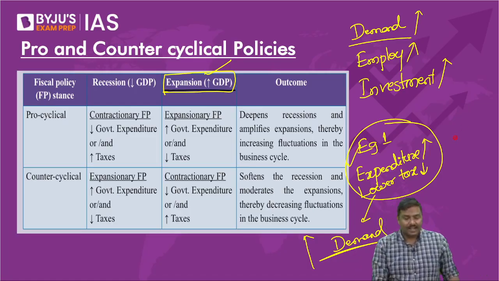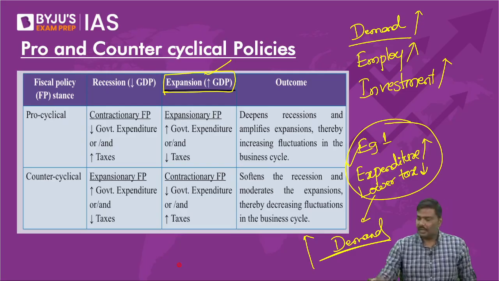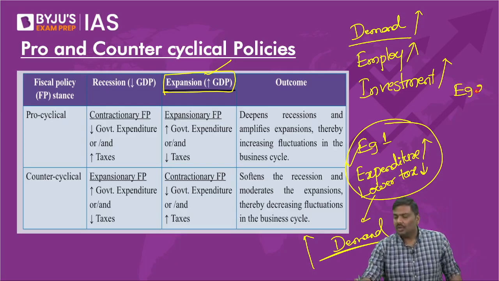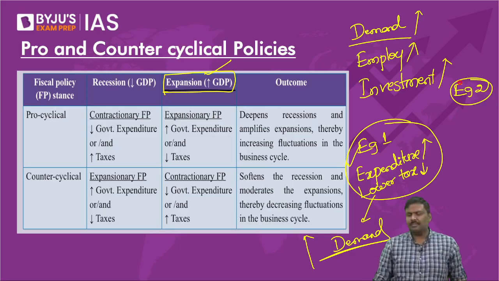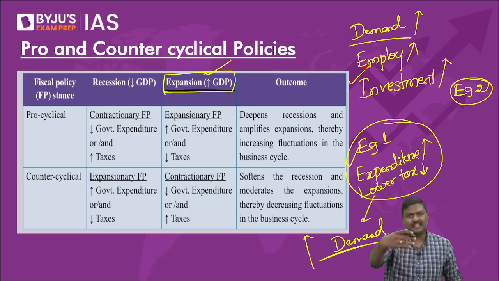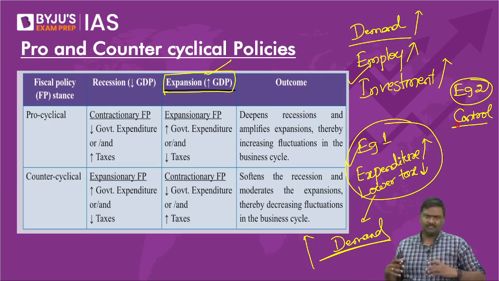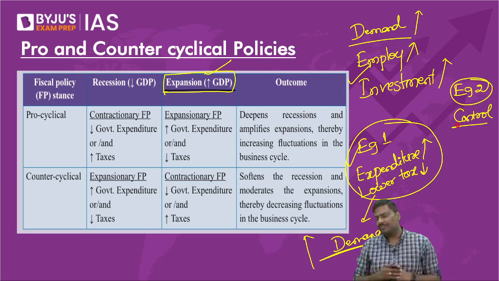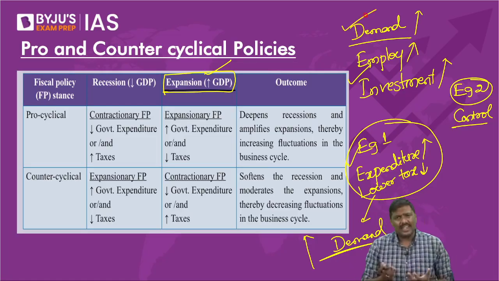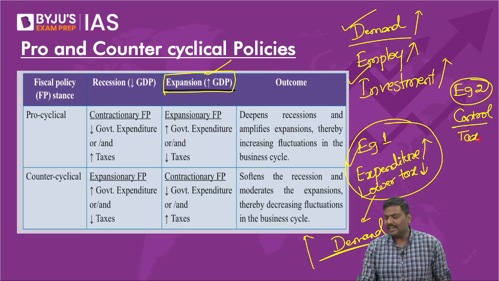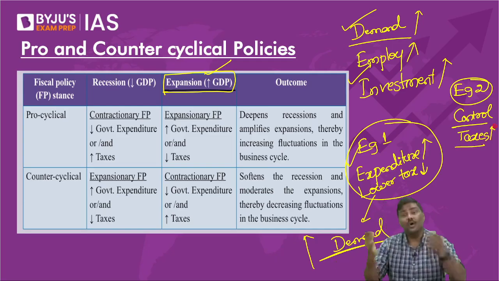On the other hand, let's say example 2. What does the government do? The government simply says, the private sector is investing, so I will control my expenditure, because investment is anyway there. Demand is very high in the economy and people are earning a lot of money, so I will increase taxes and collect more taxes because people are earning more.